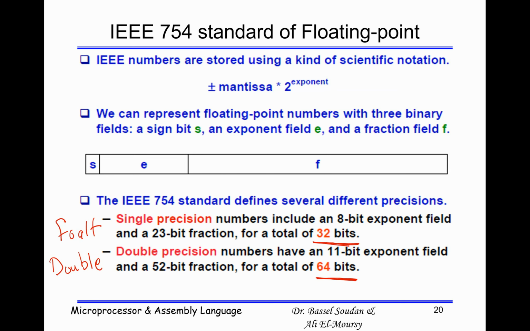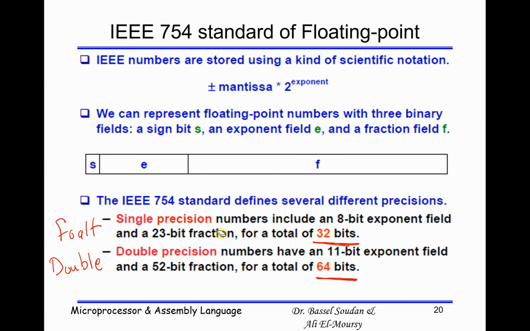Whether you are using single precision or double precision, both use the same distribution for the three major components of the floating point. You have the most significant bit for the sign of the mantissa, followed by the exponent, followed by the fractional part of the mantissa.